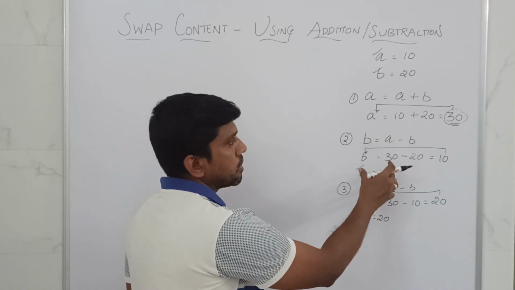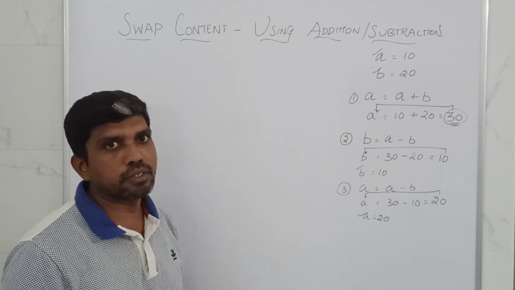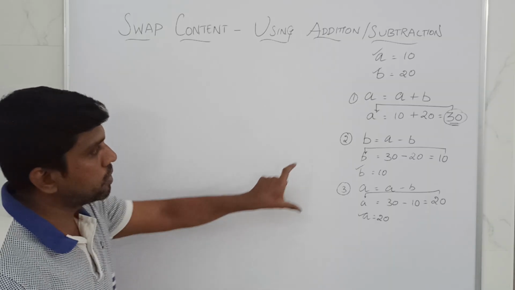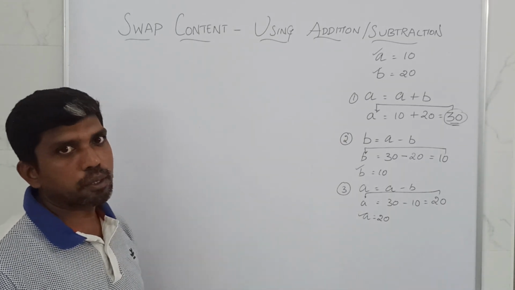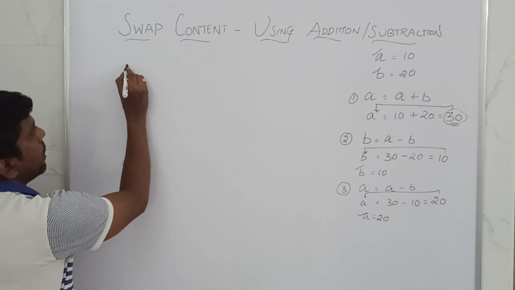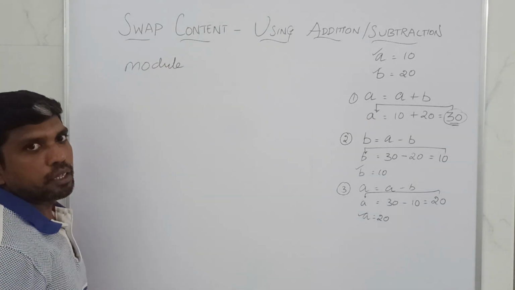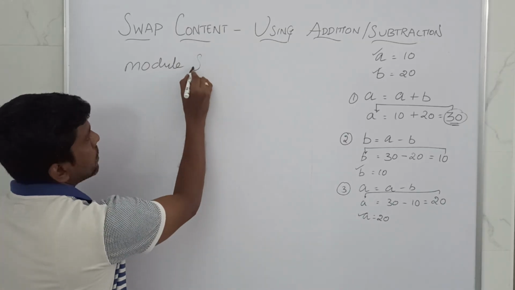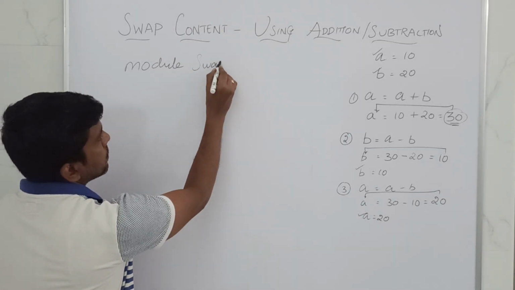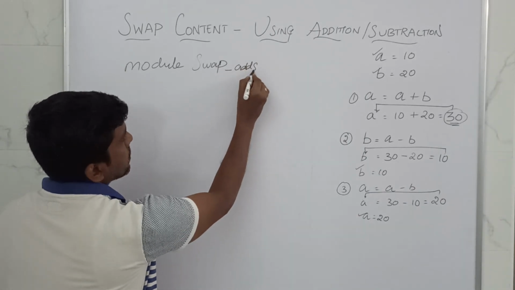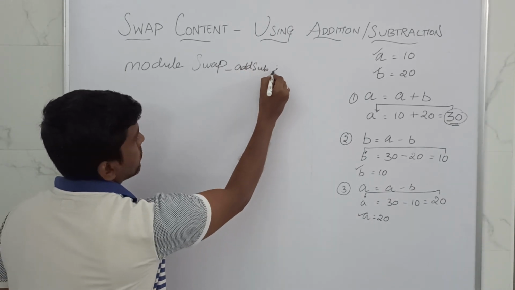So this procedure is implemented in a Verilog HDL code. So now I am going to write the Verilog HDL code for this swap by using addition and subtraction. As usual, you write module, then the module name swap underscore addition and subtraction.